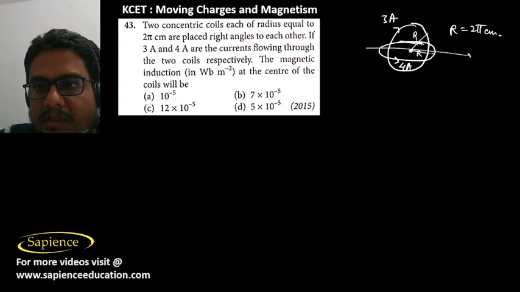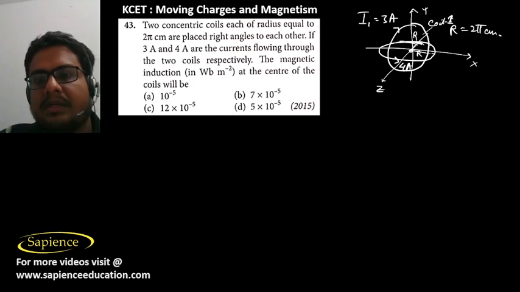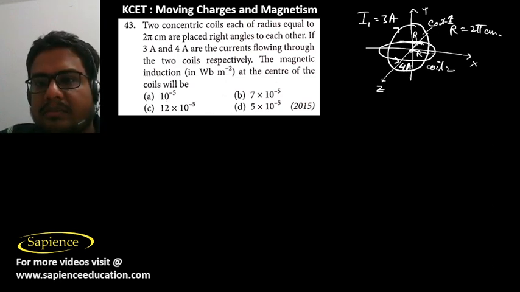Let's suppose this is the x-axis, this is the y-axis, and this will be the z-axis, which is outwards. If we apply the right hand thumb rule, then due to the first coil, with I1 the current flowing through coil 1, the coil 1 is in the xy plane, and coil 2 is in the xz plane.